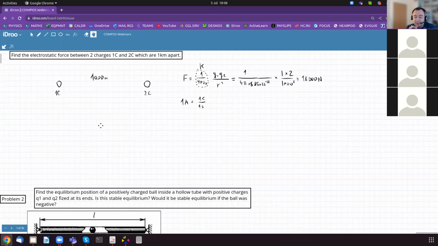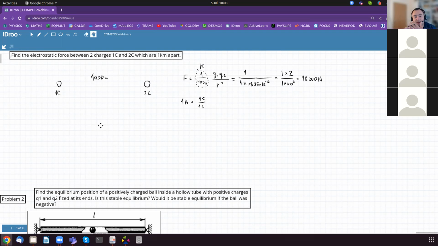Do the calculation as a home exercise. So 1 kilogram pieces of iron, you remove all the electrons, and the force between them will be absolutely massive. It's because the electrostatic force is a very, very strong force.